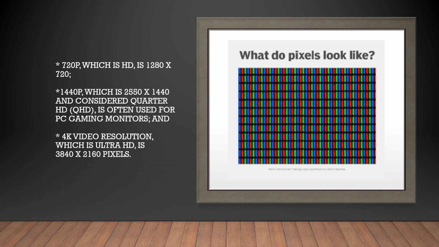As I have mentioned before, we can also call it 720p. 1440p, which is 2560 into 1440 and considered quad HD, is often used for PC gaming monitors, and 4K video resolution, which is Ultra HD, is 3840 into 2160 pixels.